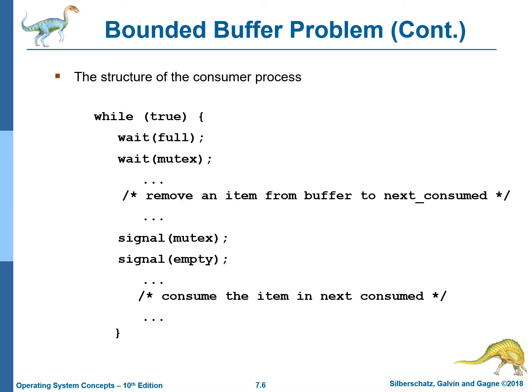We can see there is symmetry between the producer and consumer. We can interpret this code as the producer producing full buffers for the consumer, or the consumer producing empty buffers for the producer.